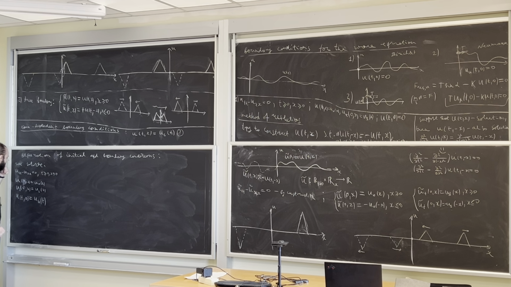Oh, no, what do you mean? So you have u of t, 0 equals u_L of t. Yes, so here you have a fixed position. It is some law which describes the motion of the left end of the string, like we move it forcefully according to this function u_L of t.